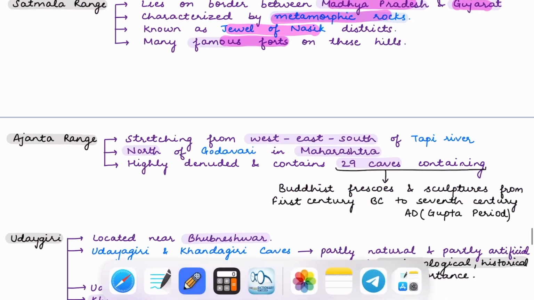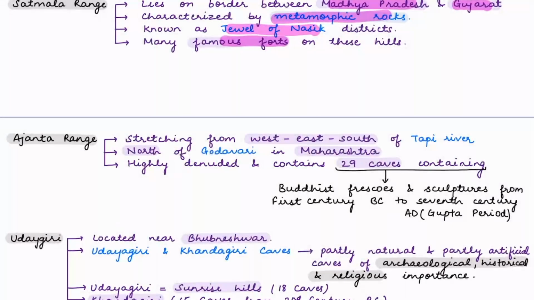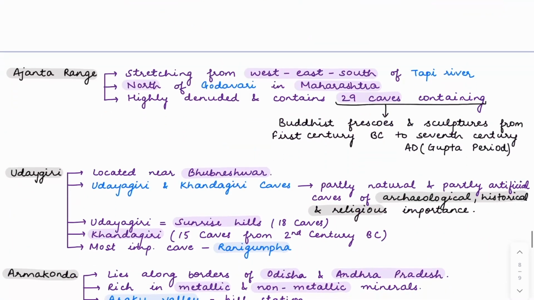And then, if you recall, just on the eastern side of Satmala, we have Ajanta, and these Ajanta ranges are world renowned because of the 29 Ajanta caves situated here.